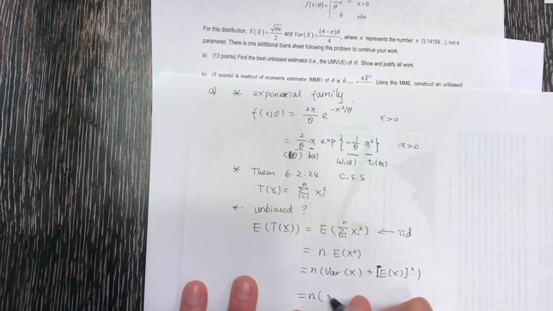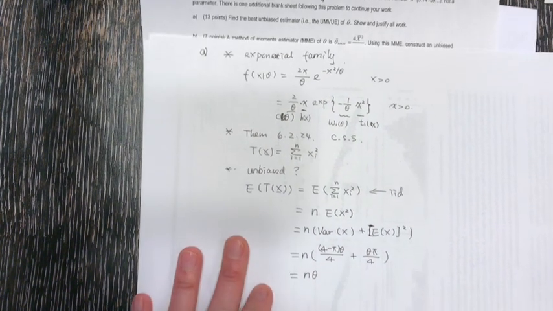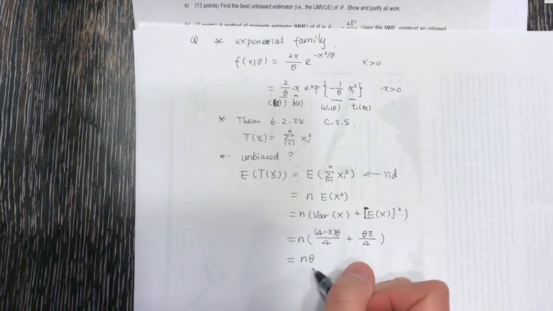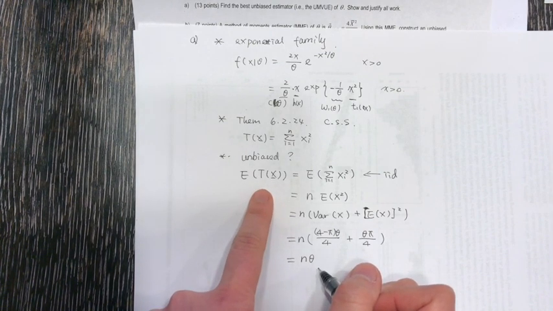The variance is equal to (4 minus pi) times theta plus 4 theta pi squared. And what we will have here is n theta. Oh, n theta. Which means T(X) is not an unbiased estimator.